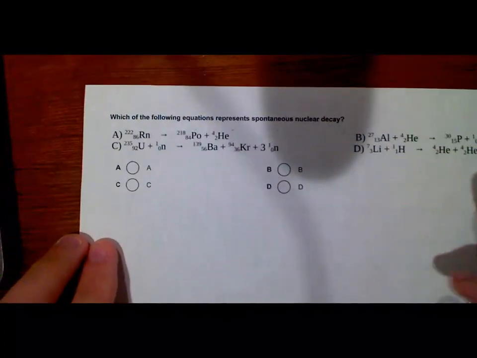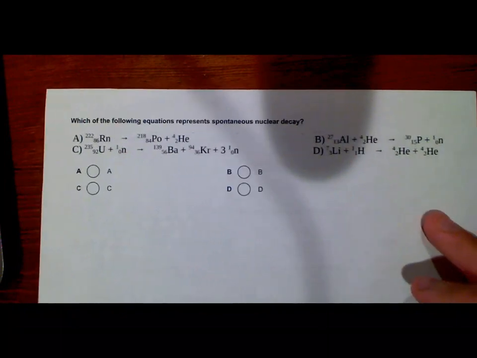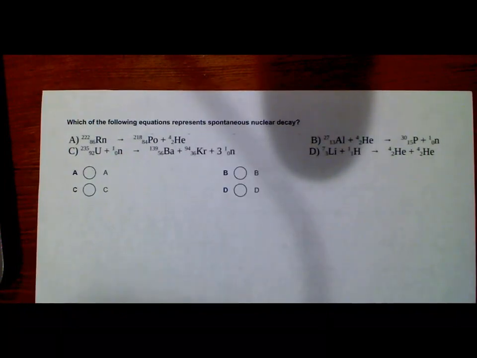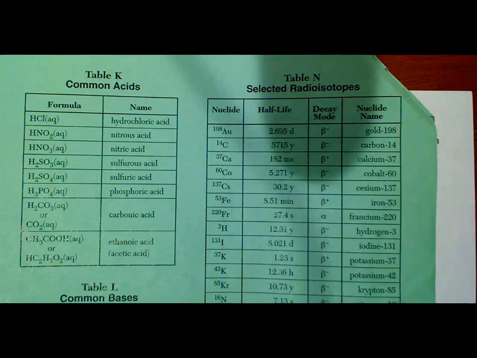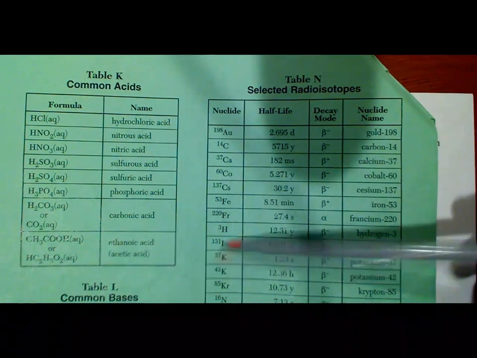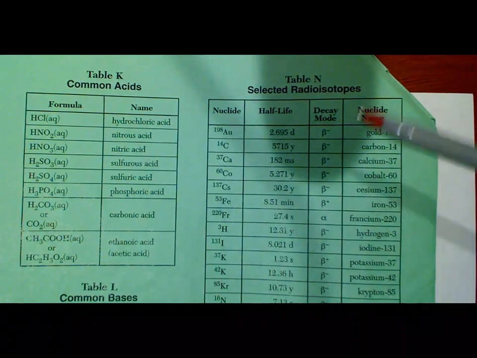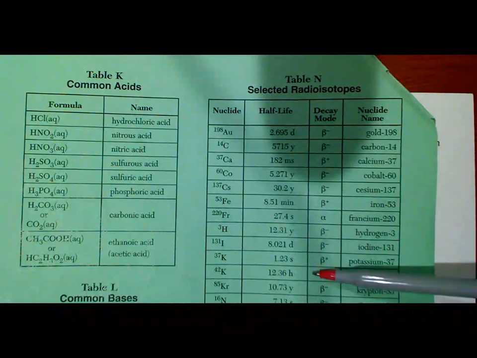One question left, and that's perfect because I have a meeting in 4 minutes. Let's say, which of the following equations represents a spontaneous nuclear decay? Spontaneous nuclear decay means that one of these things on table N, these radioisotopes that are already unstable, these things are radioactive, they're going to break down on their own, and they're going to do it by giving off one of these particles here.